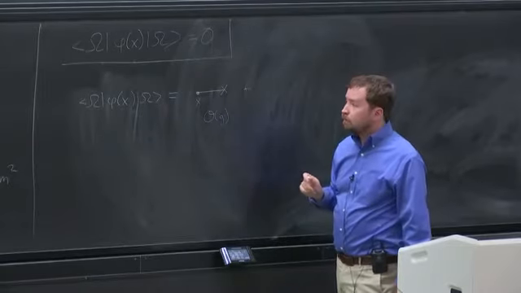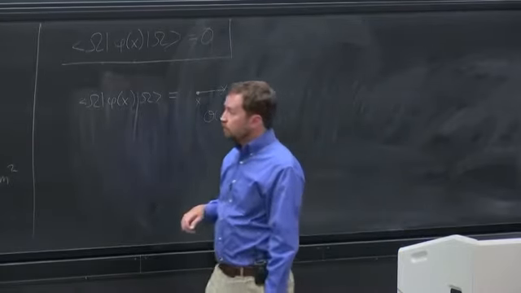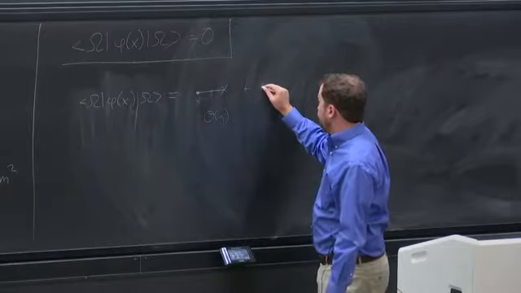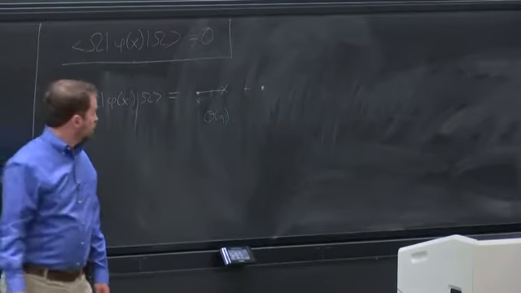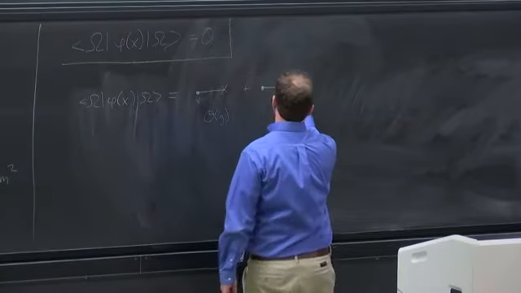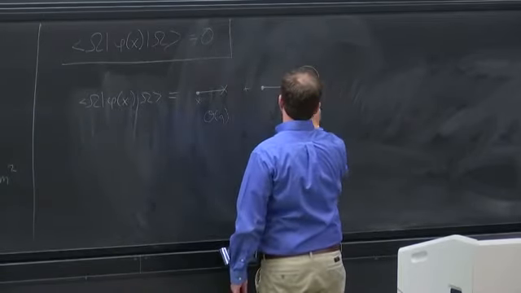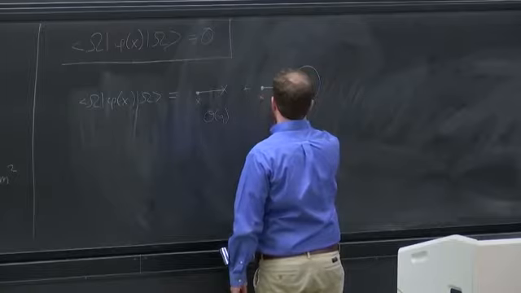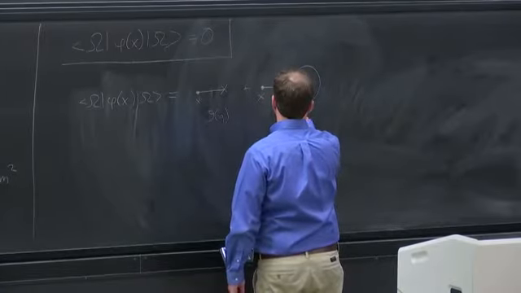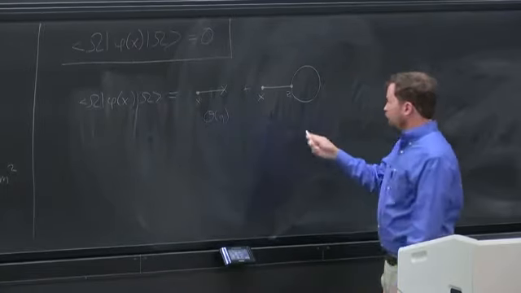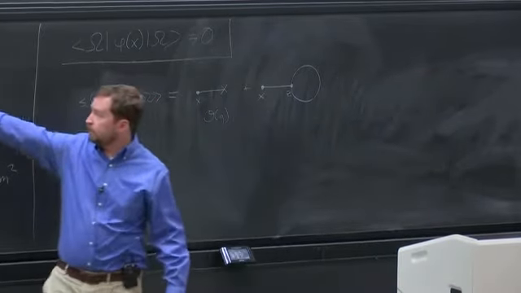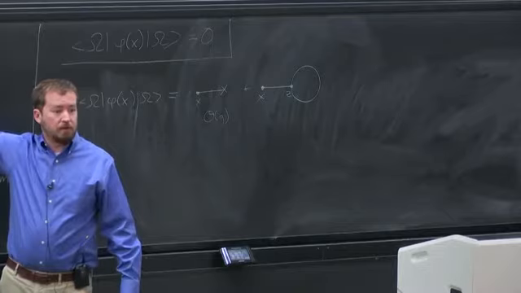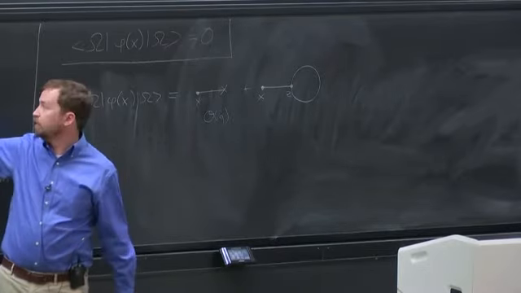Also, at order G, I can draw a diagram using this vertex. And the coefficient of this vertex has a G, it also has a ZG. ZG is 1 plus something higher order.